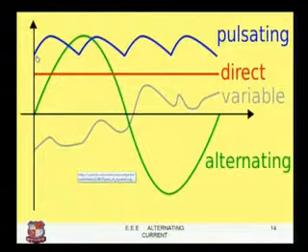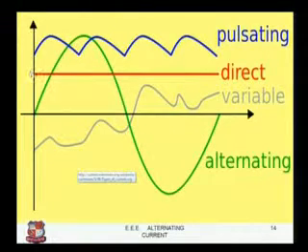As shown in first wave, your magnitude of DC will change with respect to time, but the direction of flow is constant. So this type of current is known as the pulsating DC.